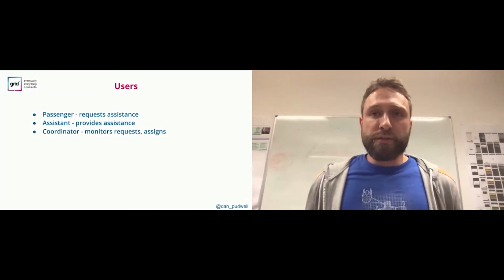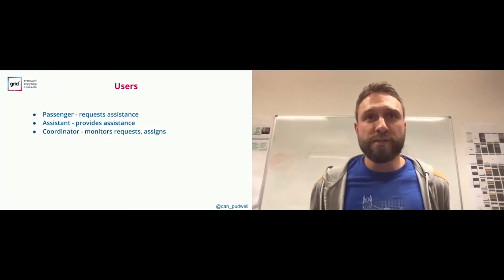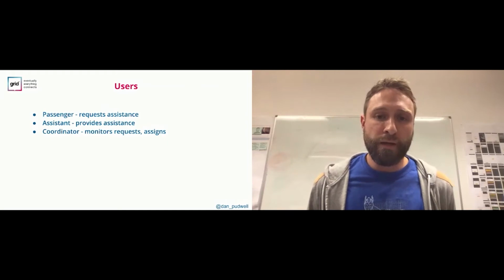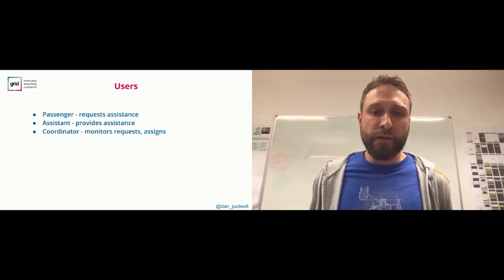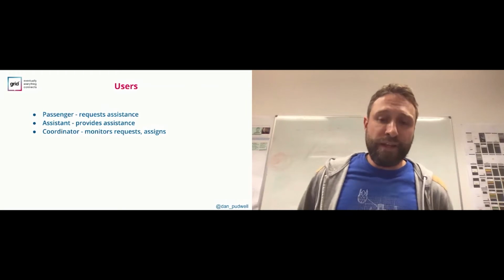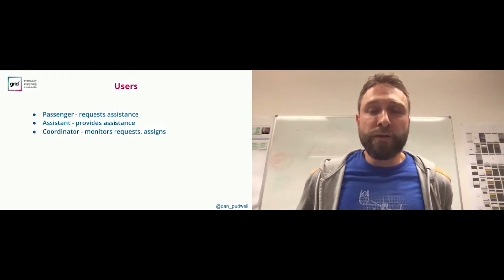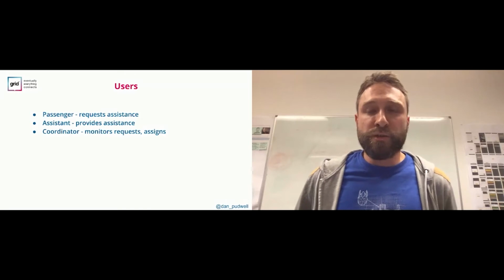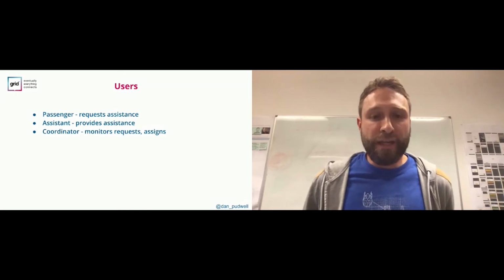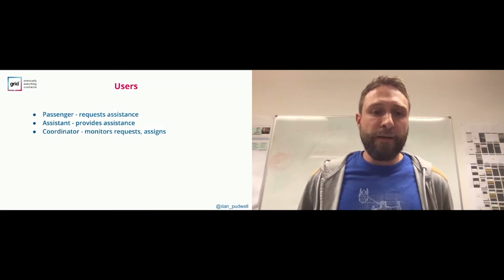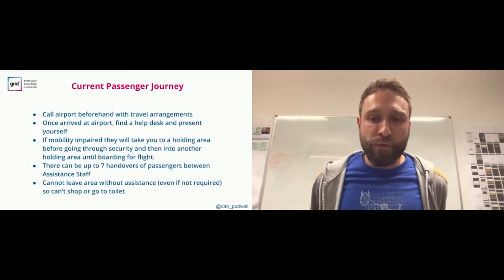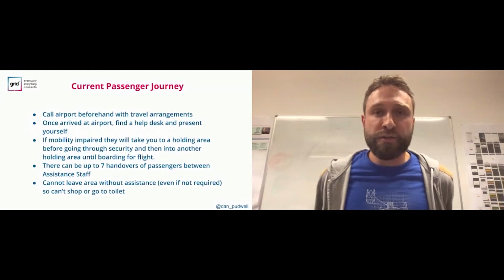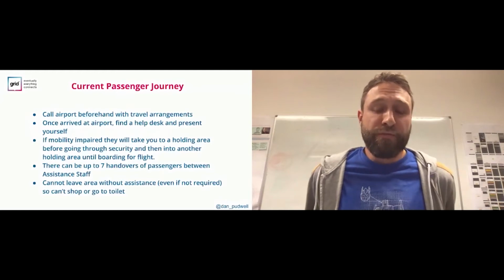So the current passenger journey, and why it's probably so horrible for them: they have to call the airport beforehand to notify them they're going to be arriving. Once they get there, there's no prior notification or anything. They have to check in at a desk. If they are in a wheelchair, they will be taken to a holding area and just left.